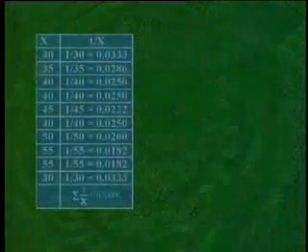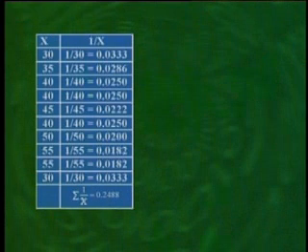Let's see what we get if we apply the harmonic mean in this particular question. We have the column of x, that is the column of speeds, as 30, 35, 40, 40, and so on. In order to compute the harmonic mean, the first step is to find the reciprocal of each one of these x values.